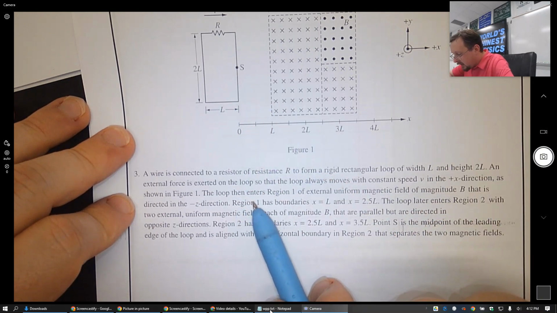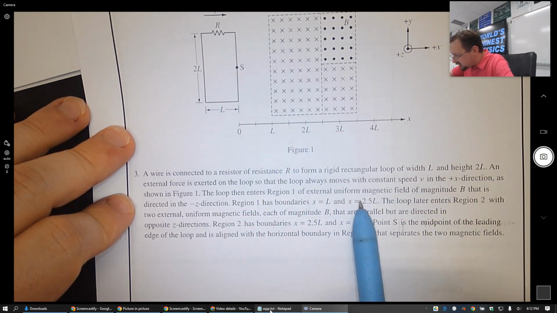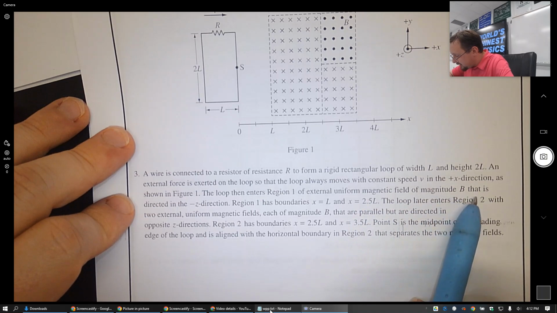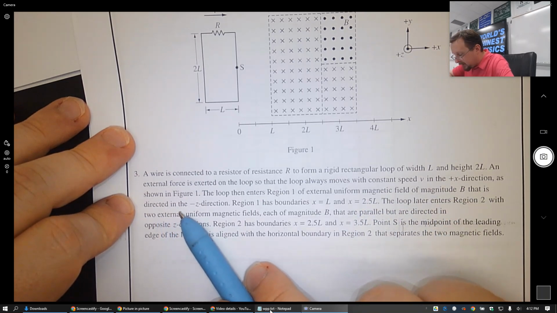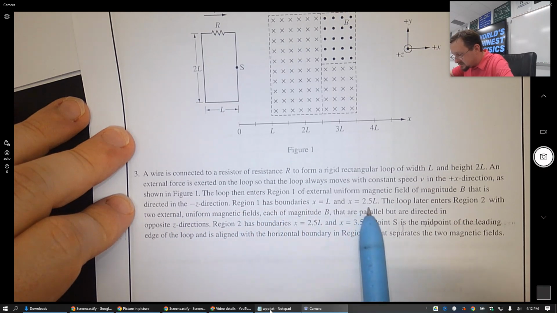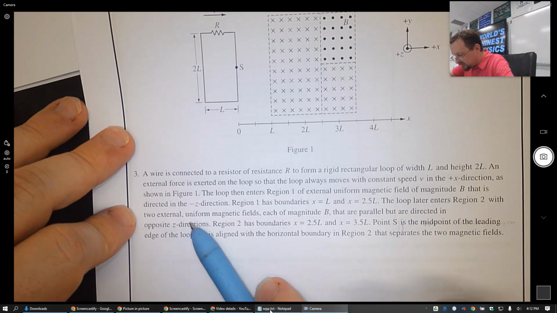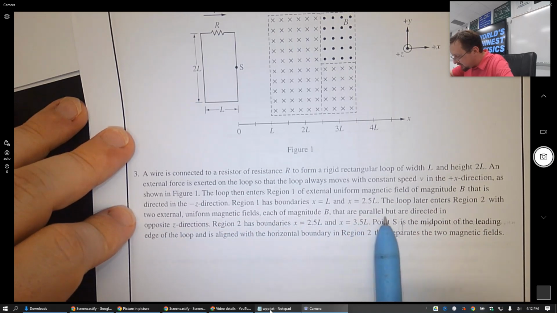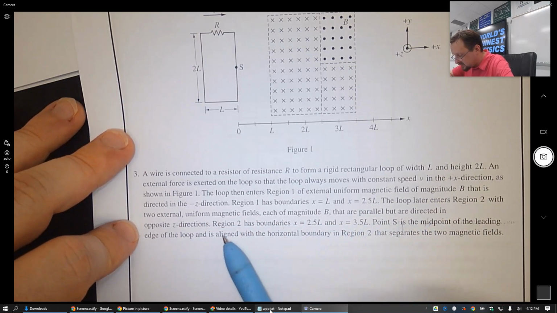Region 1 has an external uniform magnetic field of magnitude B directed in the positive Z direction. Then the loop enters region 2 with 2 external uniform magnetic fields, each of magnitude B, that are parallel but directed in opposite directions.